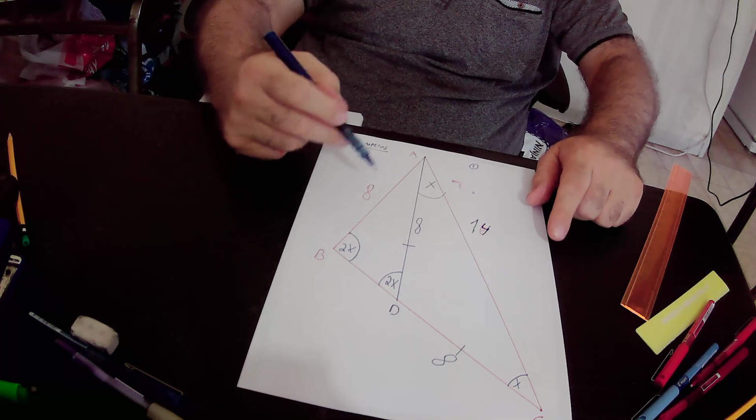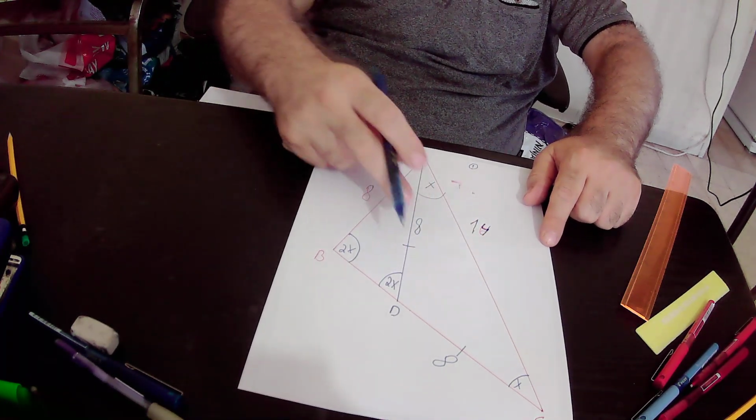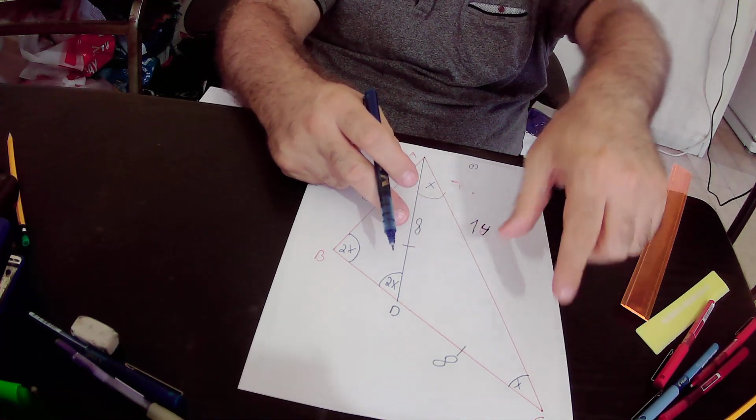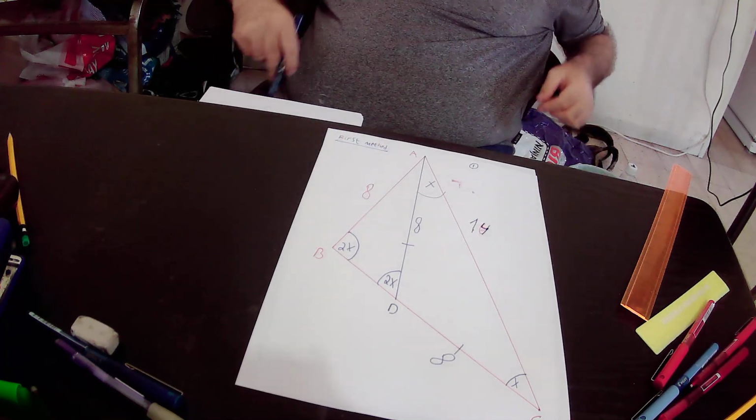So actually, triangle ADC is an isosceles triangle because it has two sides that are equal to each other. AD equals DC equals 8 units. Okay?